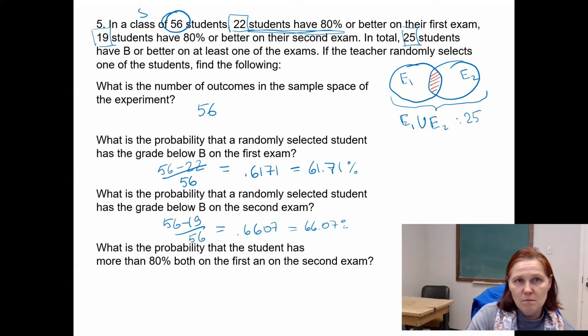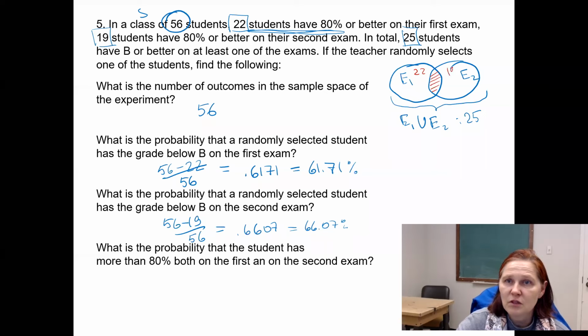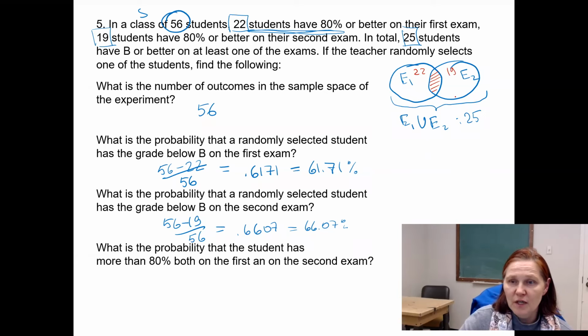So more than 80, so A and A or B. We have 22 students in the event first exam, 19 in the second exam, and 25 in total. So we have a formula for the union of the events.